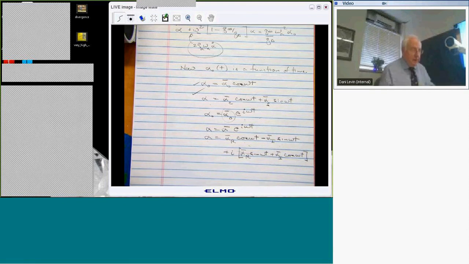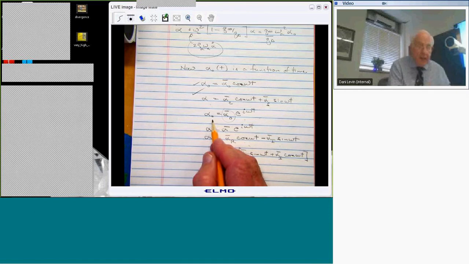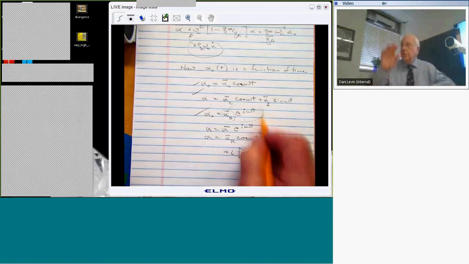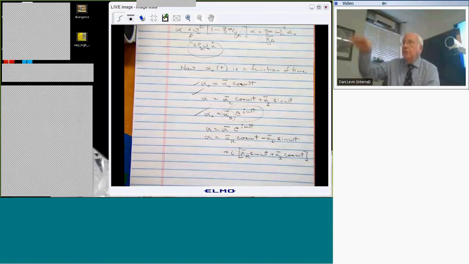So, yes. Alpha naught, which is the angle of zero twist, is changing with time. And I'm assuming now that it's changing with time in a very special way. It's a sinusoidal motion at one frequency, or a harmonic motion at one frequency, namely omega. Yes.